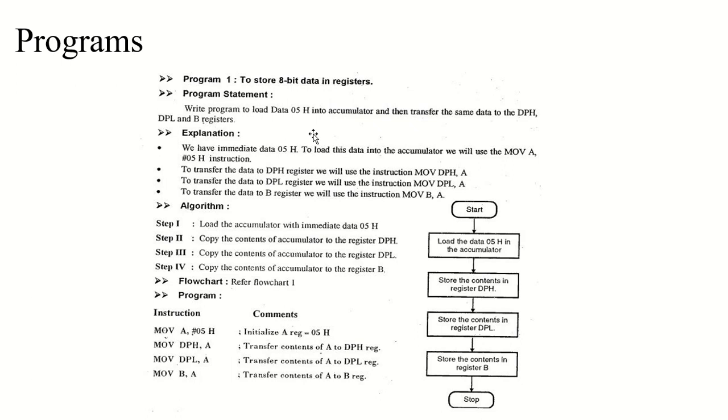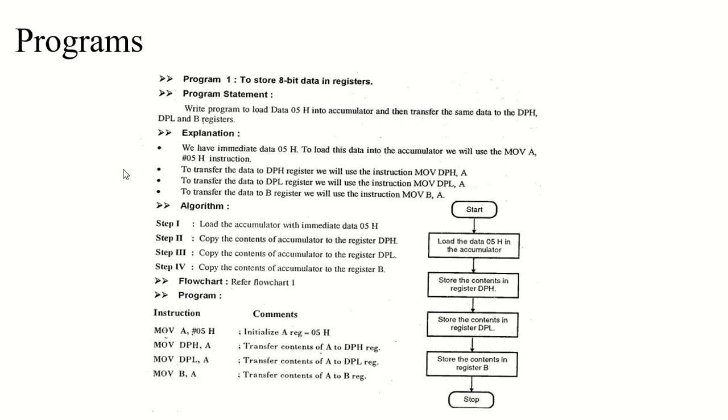So here's the simple explanation, so we can understand what exactly we are going to do, because this is our first program that we will be seeing. We may require the explanation. So first, what do we have to do? We first have to use the immediate addressing mode to load the immediate data 05H into the accumulator. We will use MOV A, right?